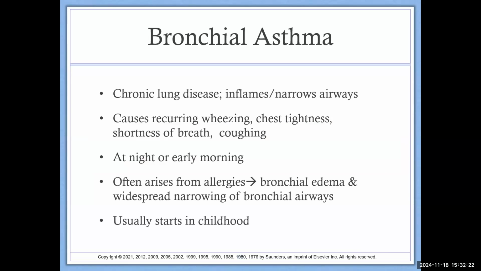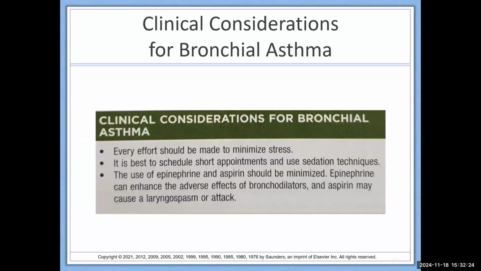It usually starts in childhood. So you do want to minimize the stress of these patients and use shorter appointments. You should not really be using aspirin or epinephrine. You want to avoid that, since epinephrine can enhance the negative effects of bronchodilators.